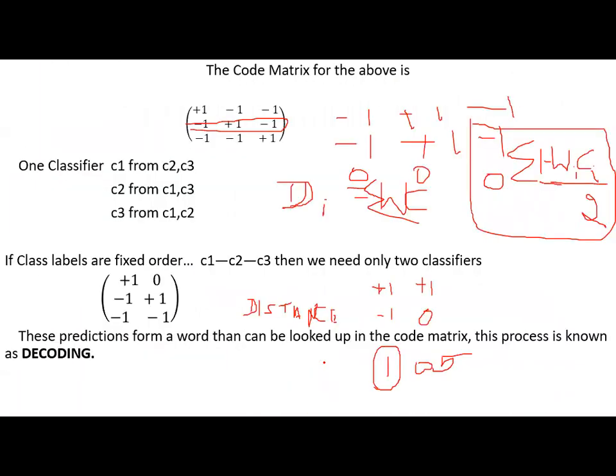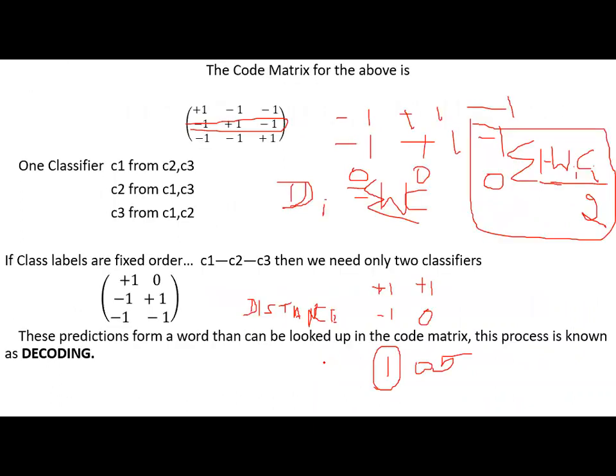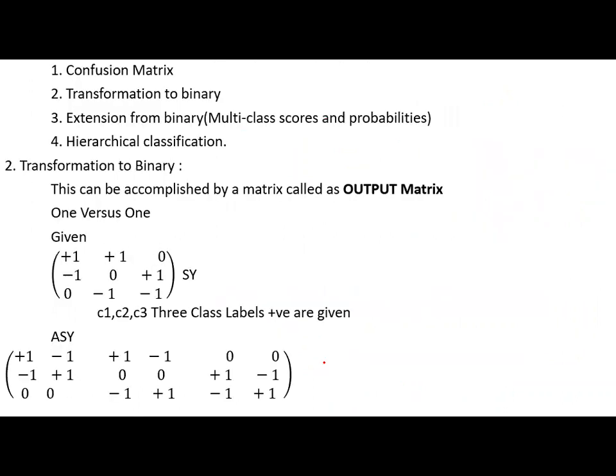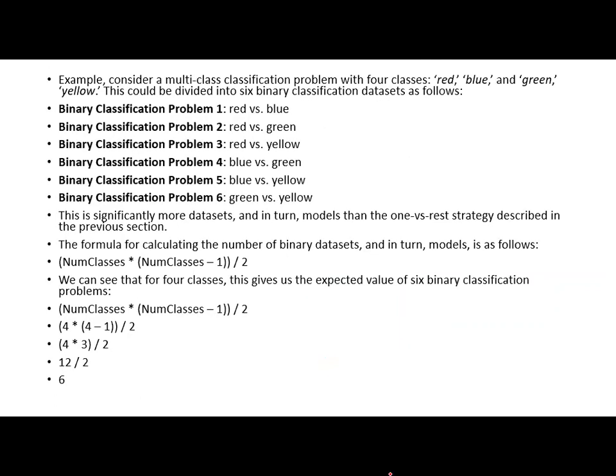Let us have a small revision of multi-class classification. A multi-class classifier is divided into binary classifiers; that is the point. Here there are two examples: 1 versus rest, and 1 versus 1.